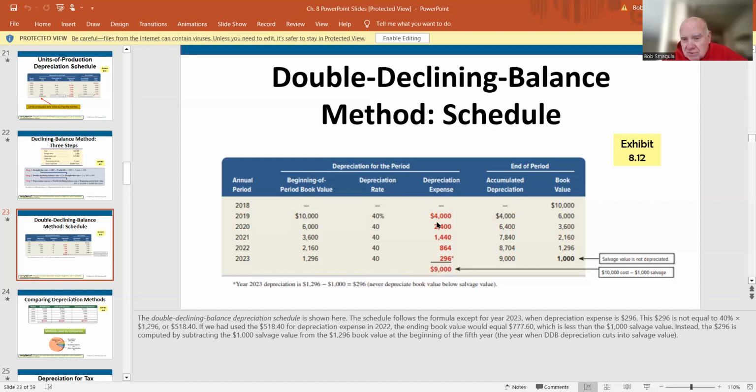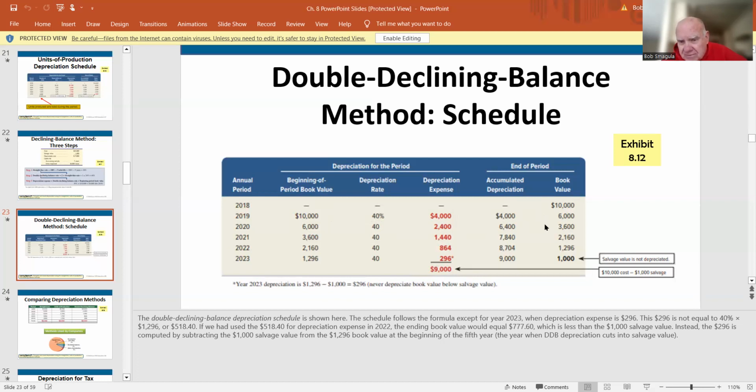Okay? So let's look at this. Book value was 10,000 times 40% gives you $4,000 of depreciation expense in the first year. Accumulated depreciation goes up to 4,000, and your book balance is 6,000. Now, we're going to take that 6,000 and multiply it by 40% again. This time you get 2,400. Your accumulated depreciation has grown to 6,400.